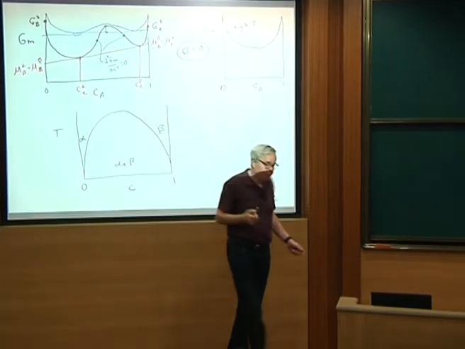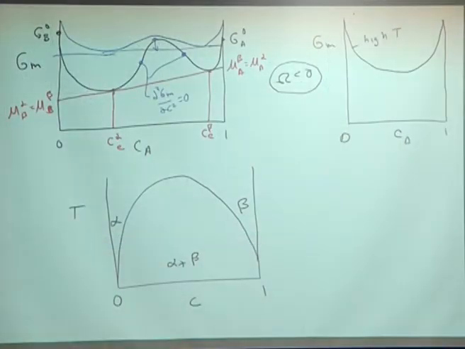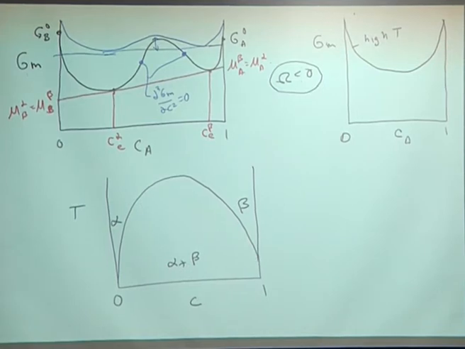So if you had FCC and BCC, you couldn't draw a free energy diagram that looks like this. That's an interesting question. We'll talk about some deep issues associated with, for example, solidification, where you have liquid and solid, and you draw free energy curves that look just like this.